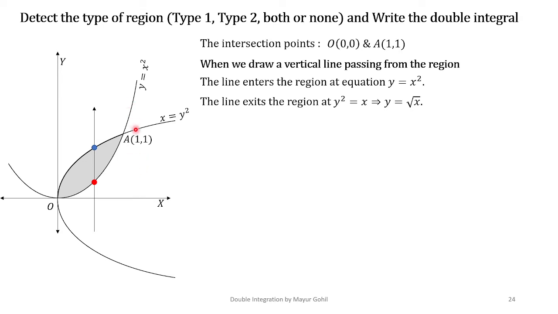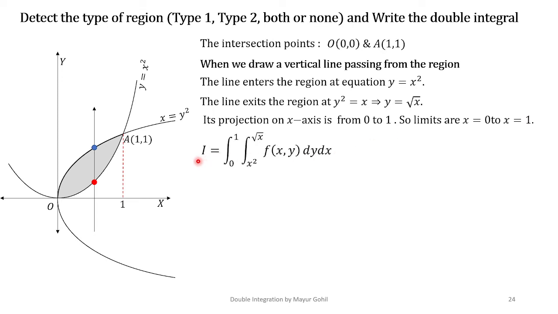And what about the projection? The projection of this is going to fall on the x-axis, and that is going to be from 0 to 1. So the limits of x are going to be x equals 0 to x equals 1. Now if we write the double integral, the function is going to remain the general function, and its order is going to be dy dx.